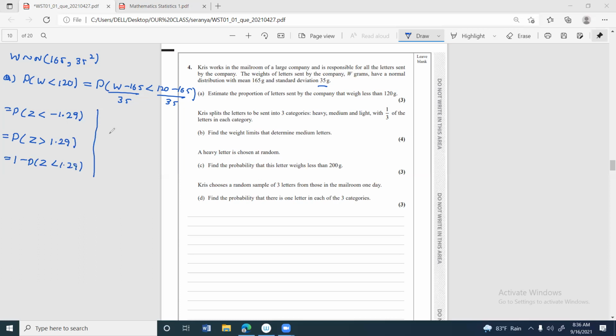The second method: if you work it out with the distribution diagram, you can understand this concept. This is the first method I'm referring to. We know that it's 0 and minus 1.29 is somewhere over here. We need this area. This area is literally similar to the area over here.